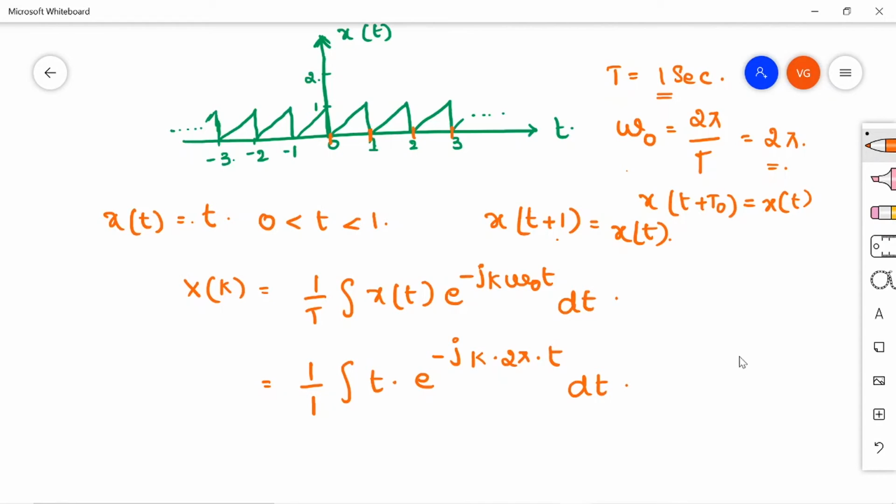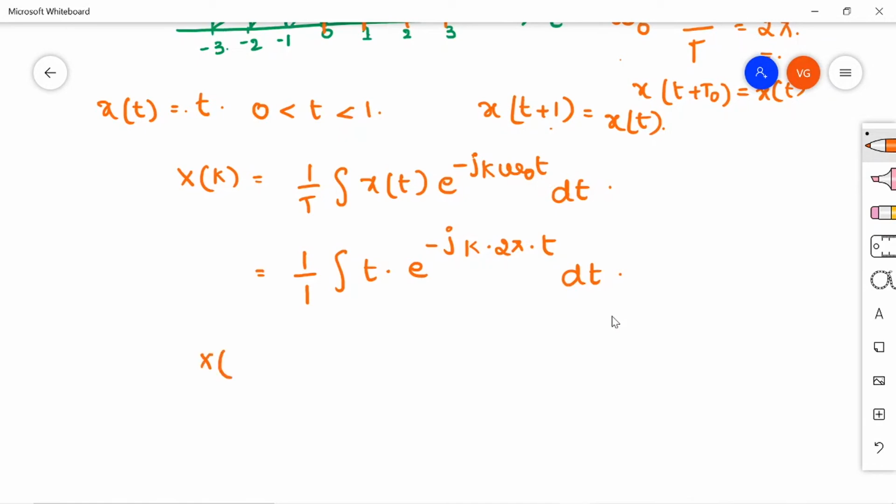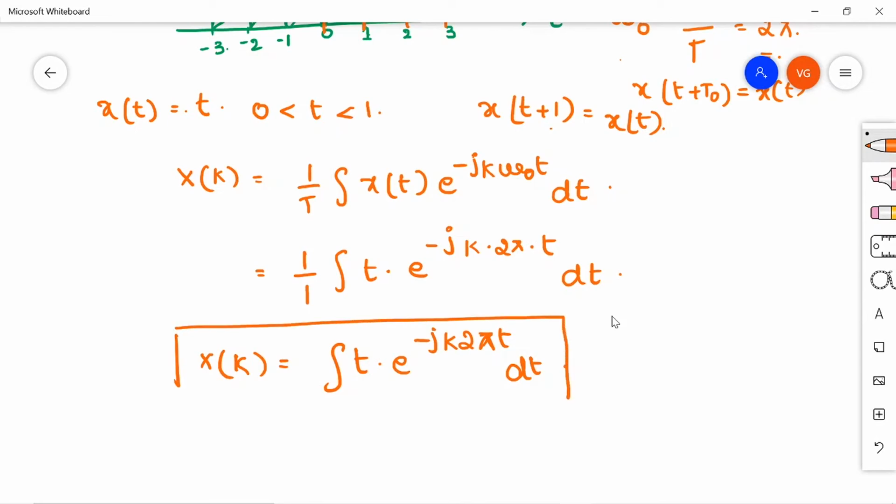So x of k can be written as integral t into e power minus j 2 pi k t dt, right? Now we need to simplify this x of k in the powers of e.